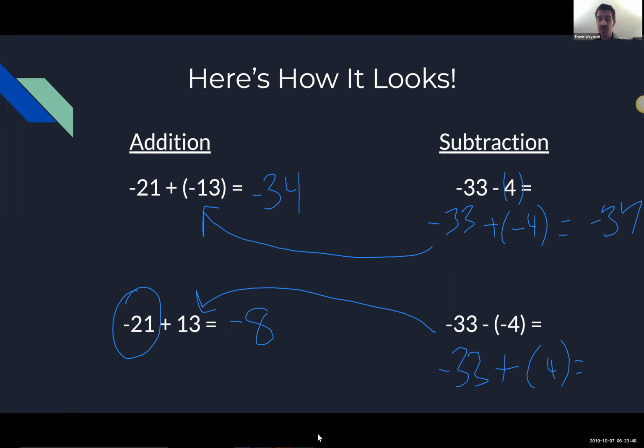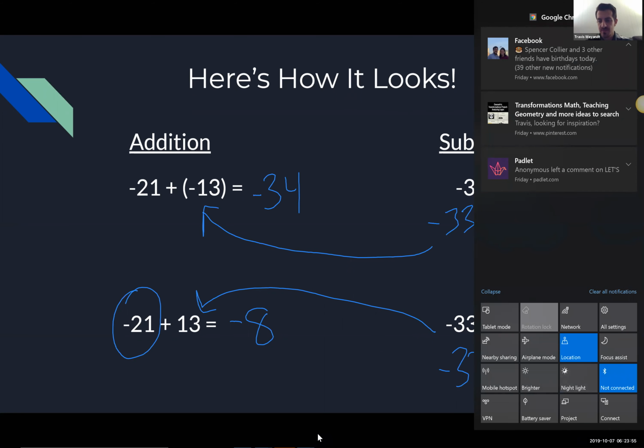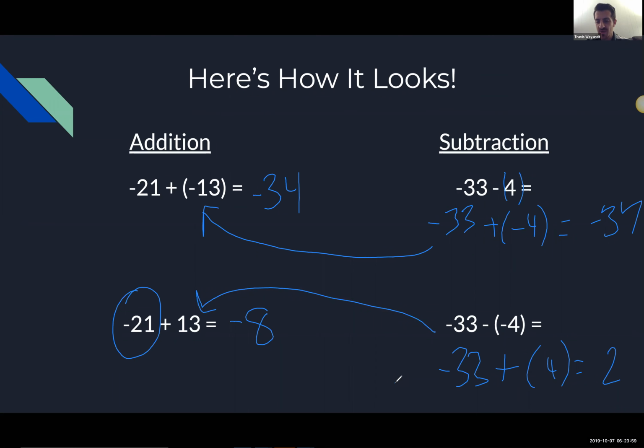We're going to subtract different signs and get 29. And we notice that the bigger number is 33, and it's negative. So we take that negative with us and make it a part of our answer and get negative 29.